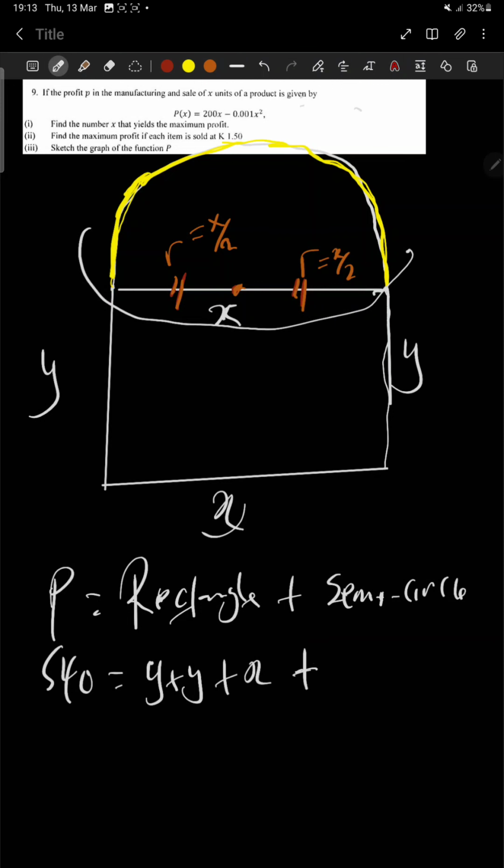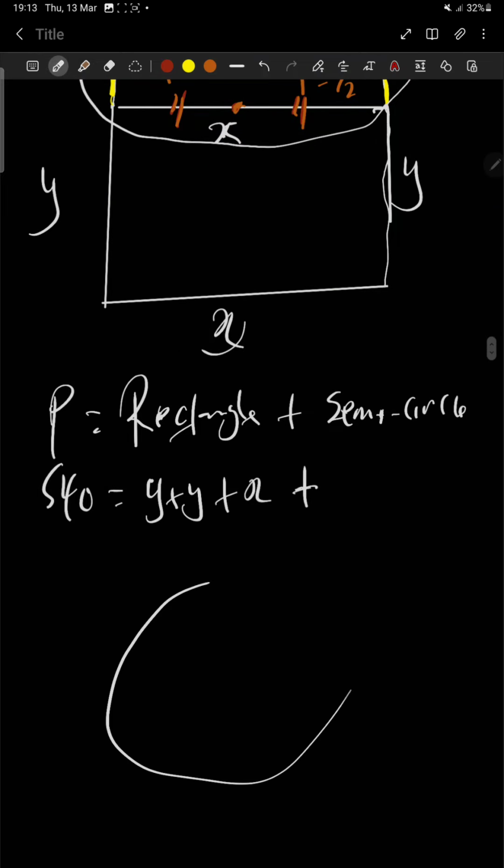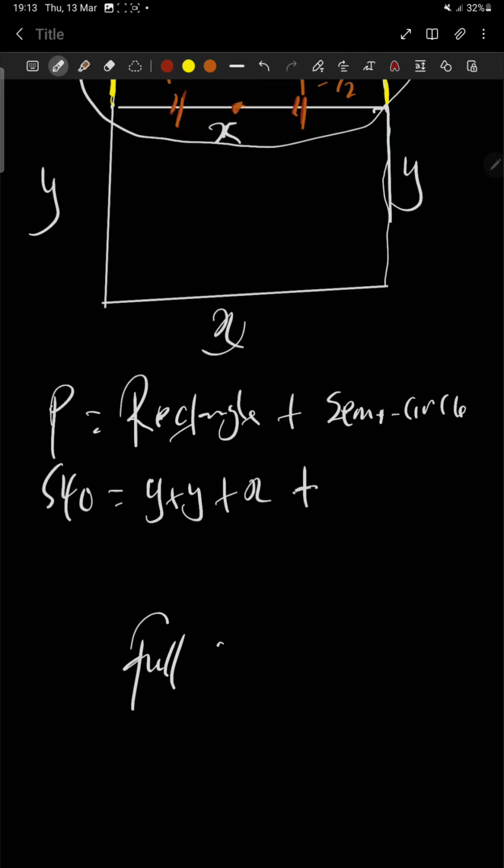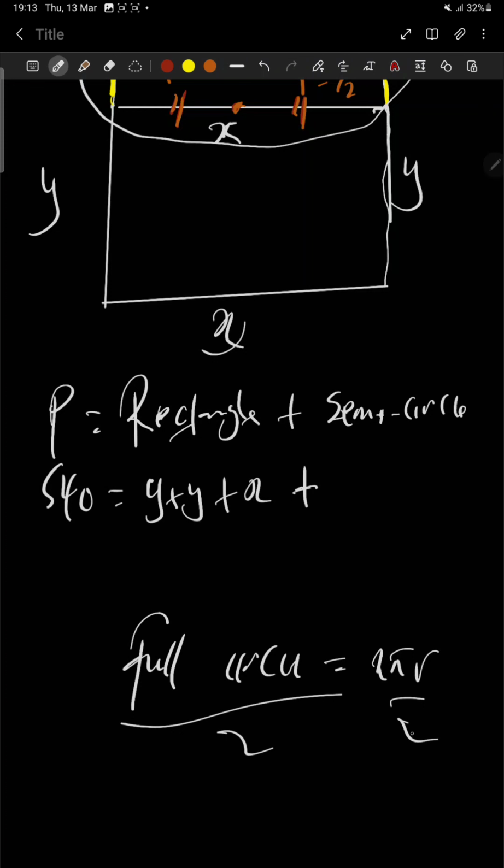So plus, now what is the perimeter of a semicircle? The perimeter of a semicircle is the same as the circumference of a circle. The distance around the circle is the circumference. Now a full circle has the circumference of 2 pi r, isn't it? So since it's semi, we divide by 2. So for a semicircle, it's the same as pi r only, because the 2 goes.